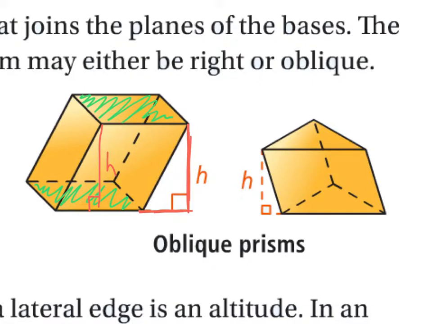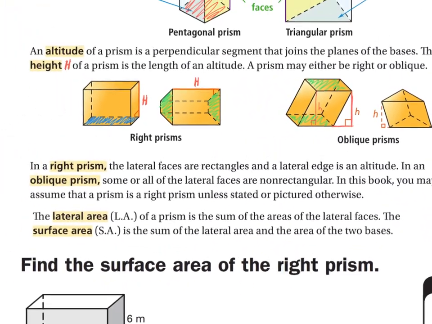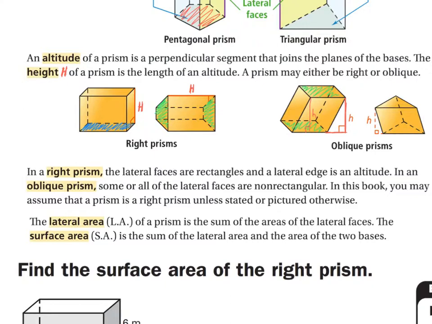Nothing yet? So, if we are finding the lateral area, that is going to be just the area of all the lateral faces added together. If you're finding the entire surface area, it is going to be the area of all the faces that you can touch.